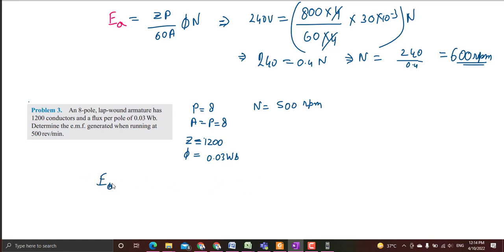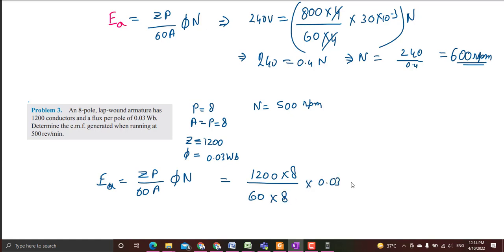So Ea we know is equal to number of conductors into poles divided by 60 into A into phi into N. Z is 1200 into 8 divided by 60 into 8 into 0.03 Weber into 500.